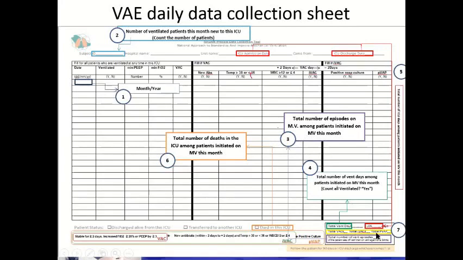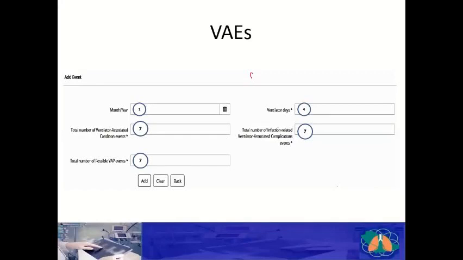The total number is for all patients started on ventilator during the month, in our example, the month of March. This is for the VAE.